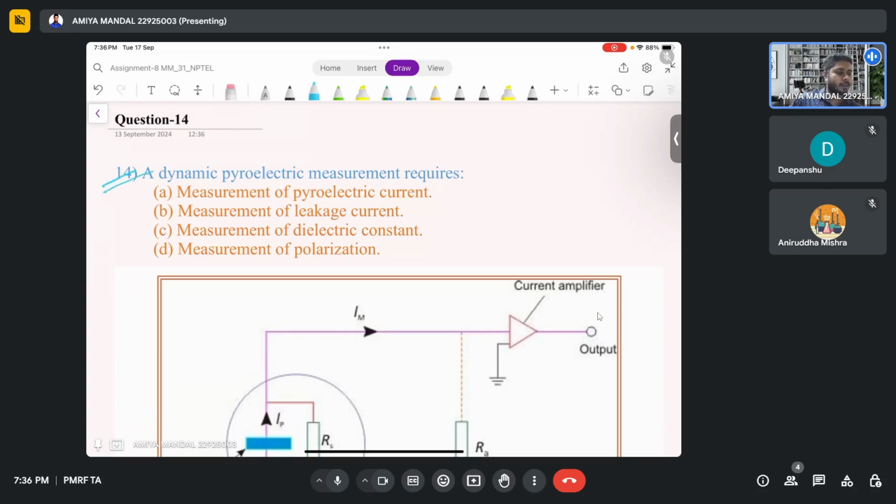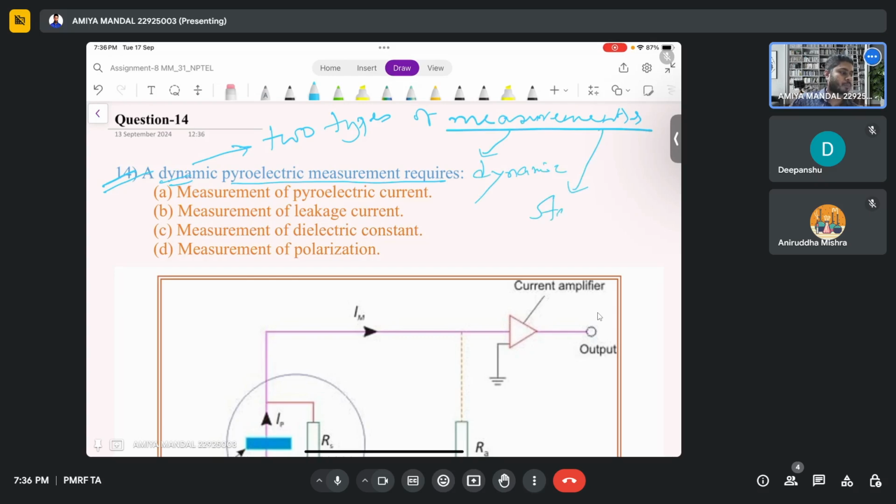Just read that dynamic pyroelectric measurements require. There are two types of measurement: one is dynamic, and the next is static.